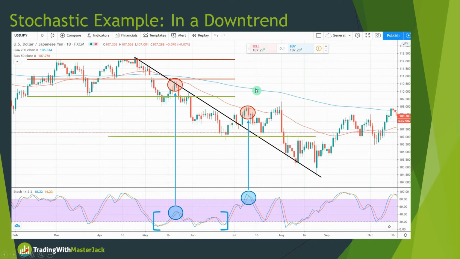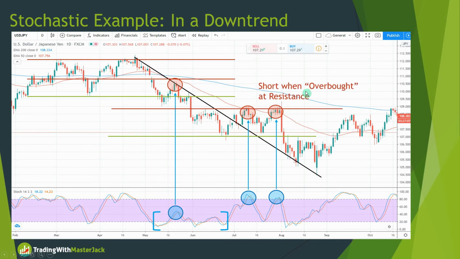Let's just look. That would be your support over there at that point, and then it came into support again over there, and your next entry position would then be there, and that's why I say it's looking more like a range. So you're still going short when overbought at resistance, and this type of area I generally wouldn't trade at because there's too much volatility or indecision in the market direction.